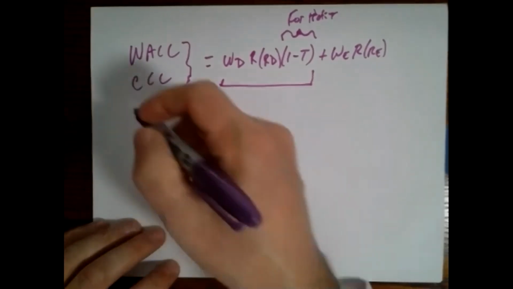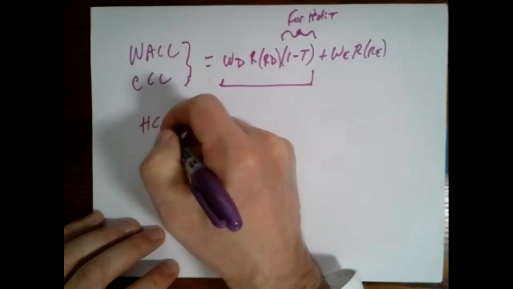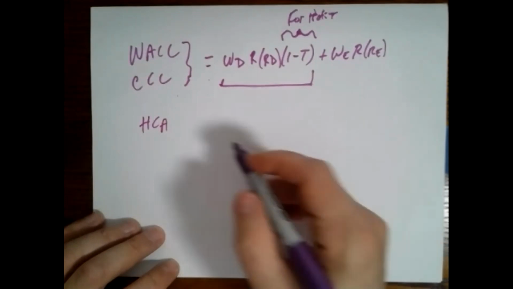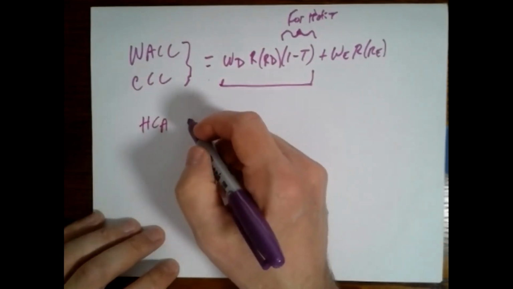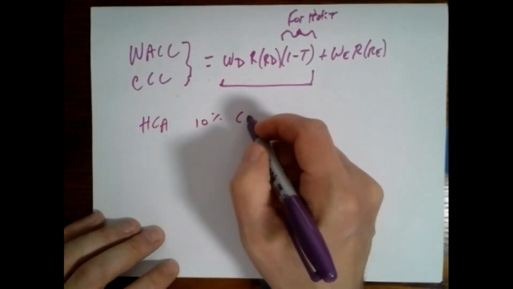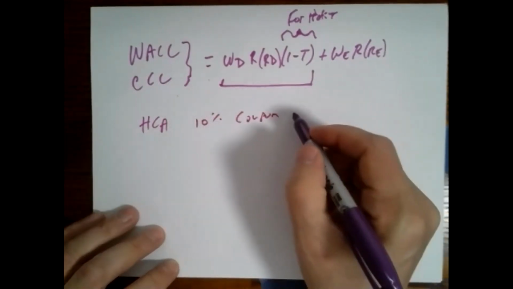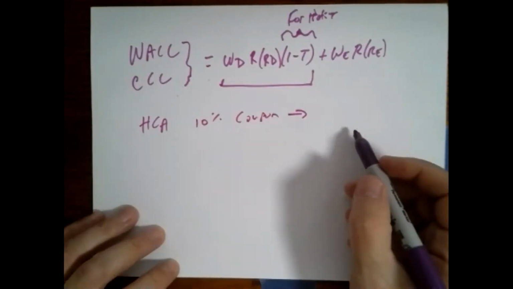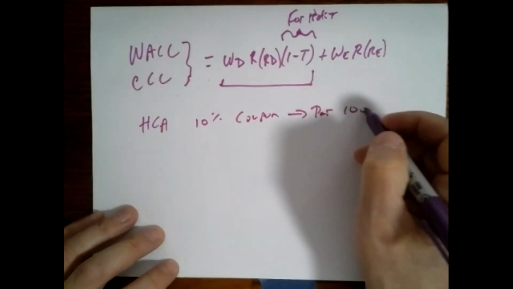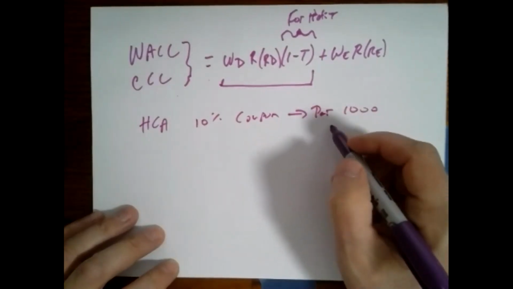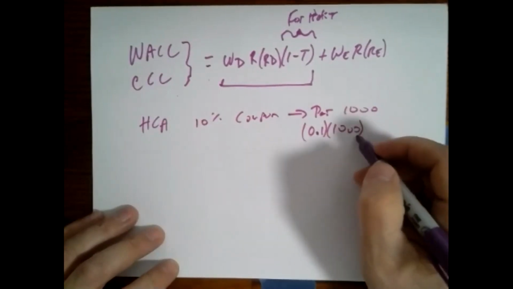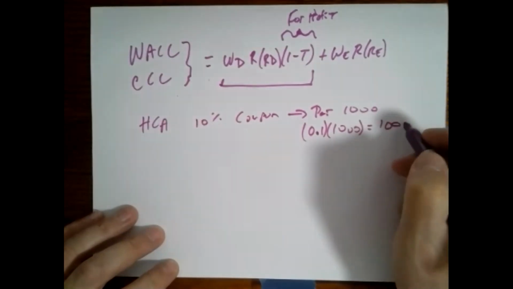But let's say you are HCA, which is a for-profit entity, and I'm just going to use easy numbers. These are not real numbers. But you have a 10% coupon on your bonds. Let's say your bonds have a par of 1,000. Then you wind up paying your bondholders 0.1 times 1,000 per year, or $100 per year.